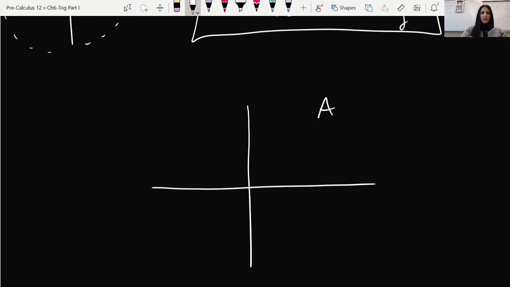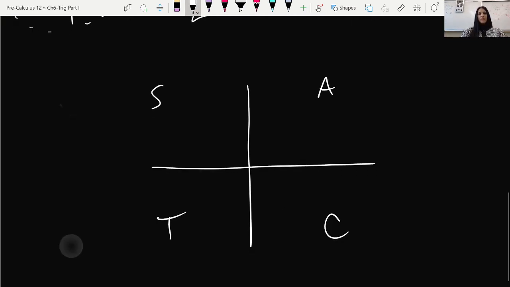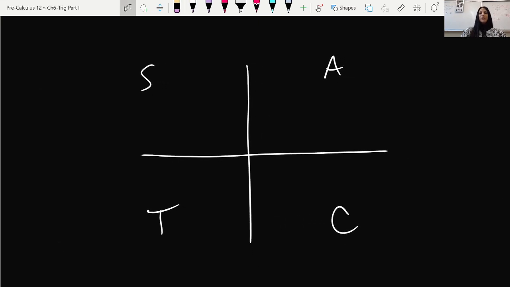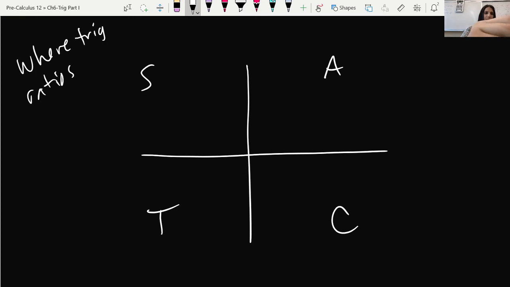Remember this, all students take calculus. We use that to help determine, out of sine, cosine, and tangent, in which quadrant they are positive, where the trig ratios are positive.